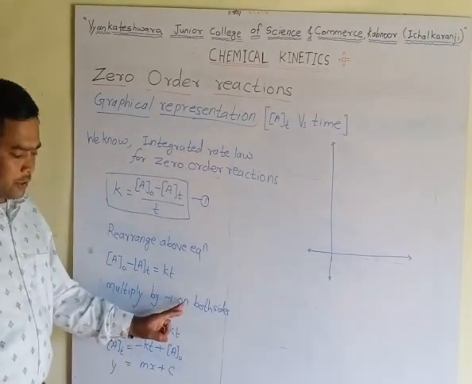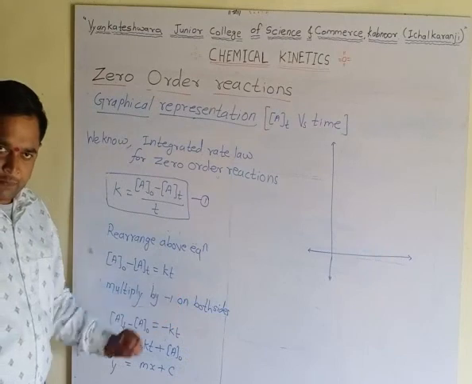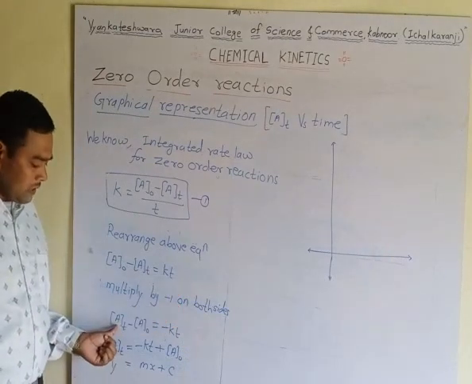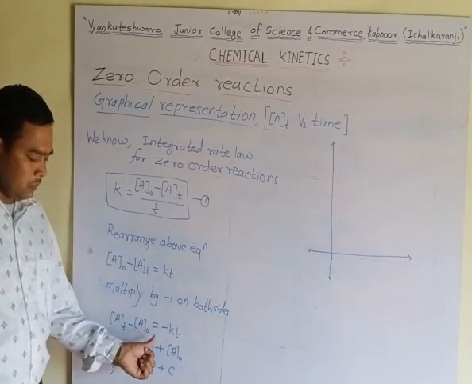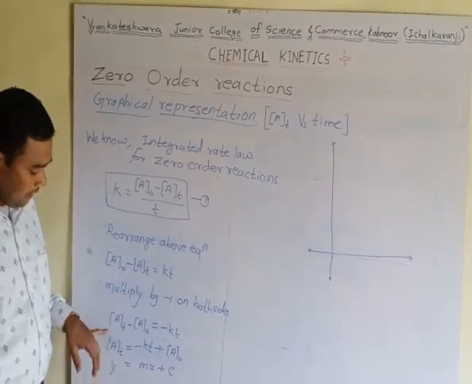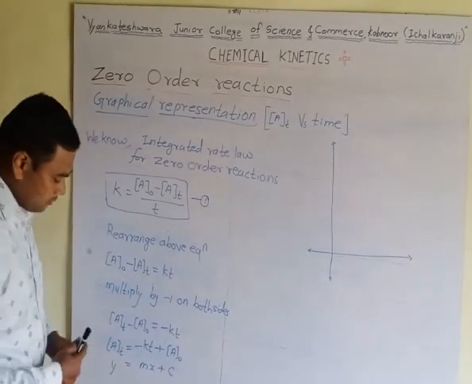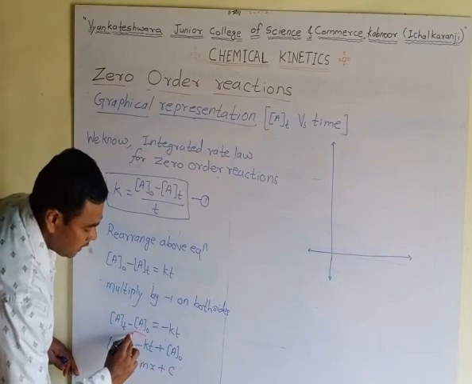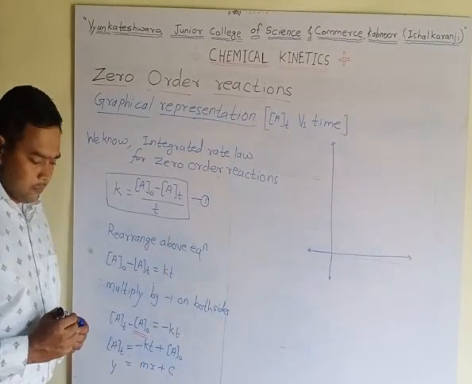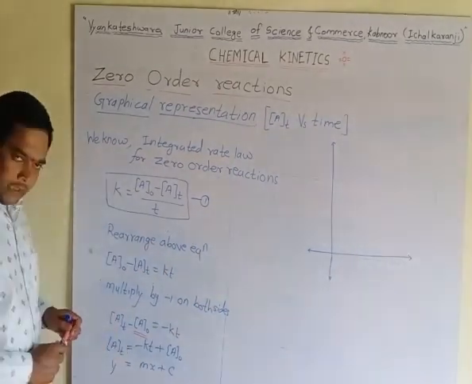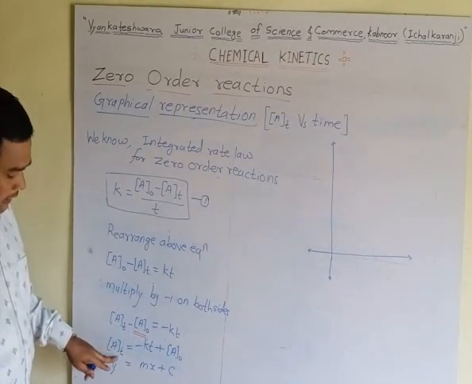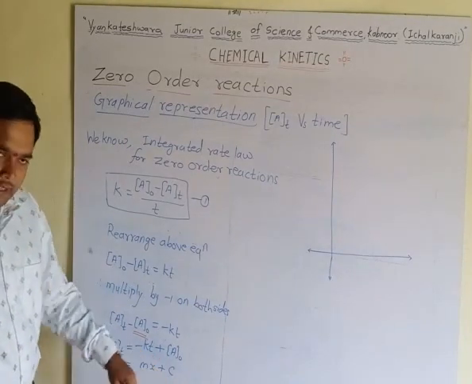Multiply the above equation by -1 on both sides. Therefore, it gives At minus A0 equal to minus kt. Then A0 is taken on the right hand side of the equal sign, which forms At equal to minus kt plus A0.